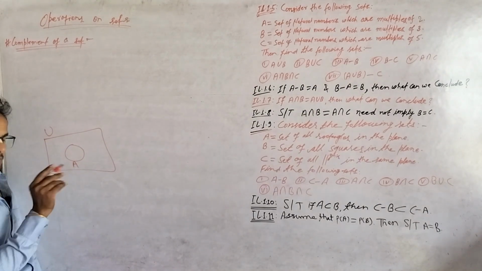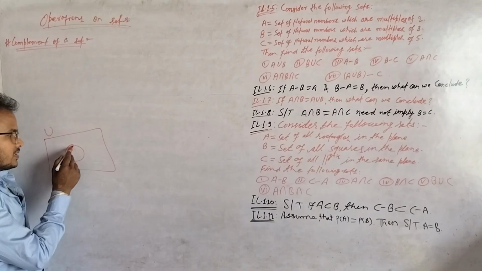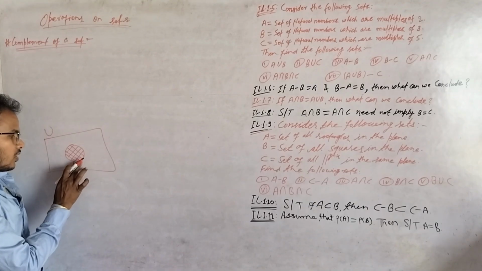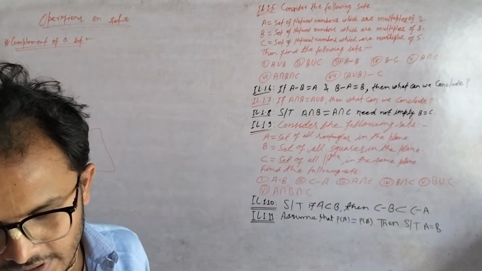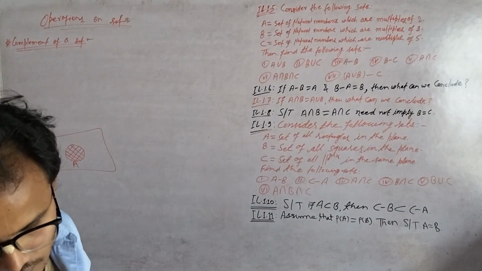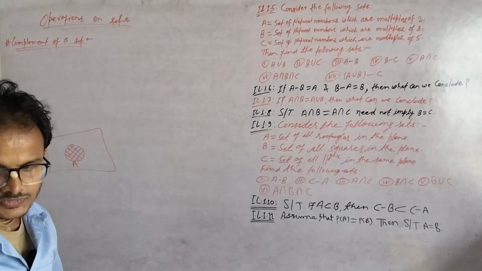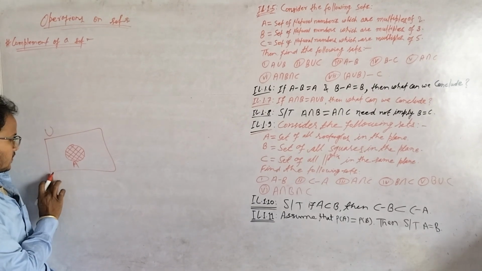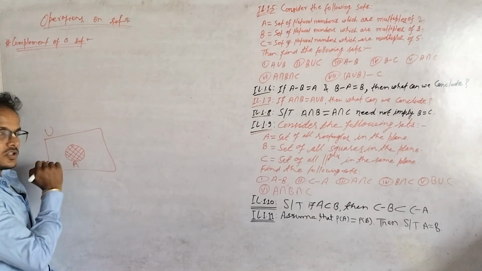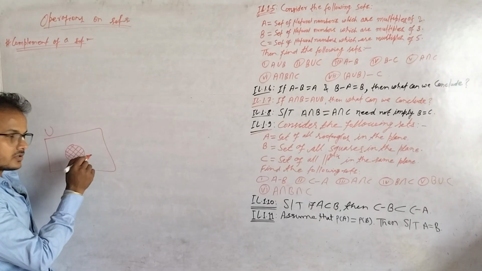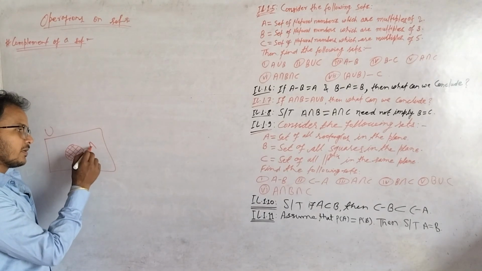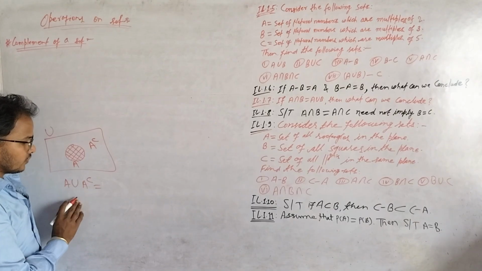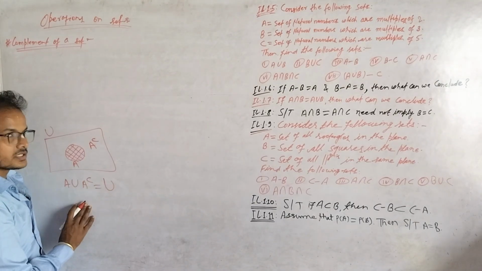Complement means, listen here, all the elements of set A are contained in the representation only inside the circle, but not outside the circle. So the outside elements are the complement of A, because A union complement of A gives the universal set.